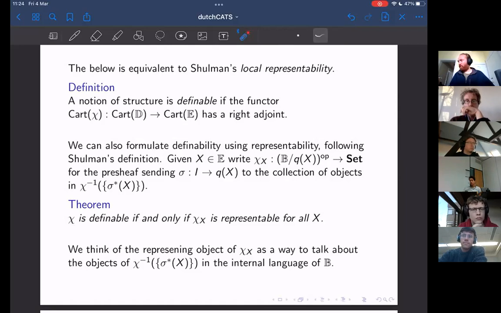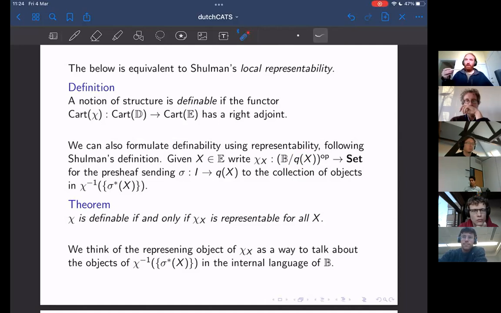So it gives us an object of B and then a map into the indexing object in the topos. So the fact that we have an object inside the topos is already telling us that we can talk about it and refer back to it within the internal language of the topos.